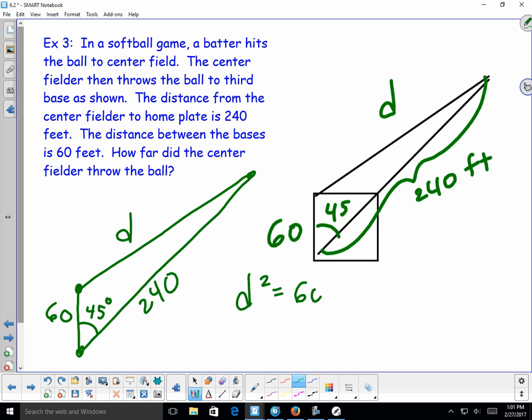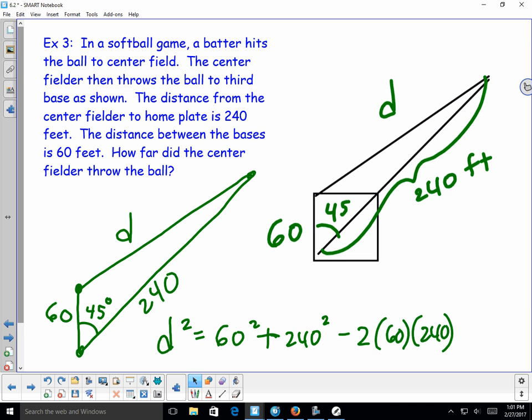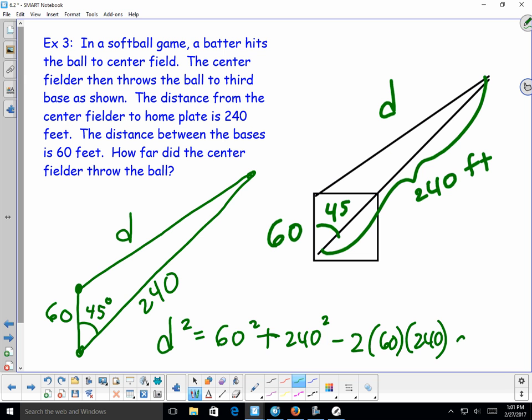Equals 60 squared plus 240 squared. Minus 2 times 60 times 240 times cosine of 45 degrees. Yes. Everybody agree with this setup?